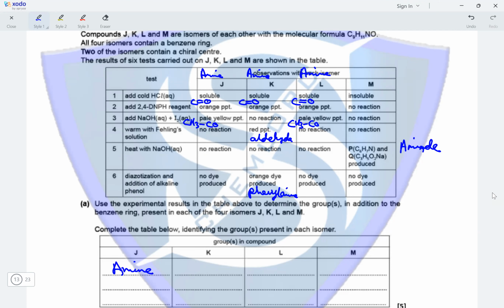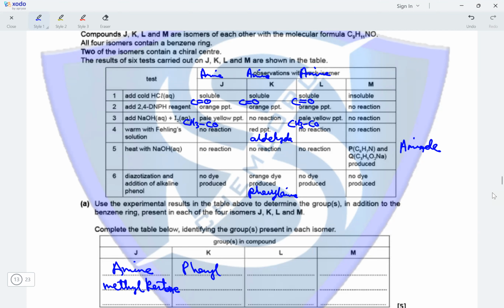So it's not an aldehyde, so it has to be a ketone. And it is next to a CH3 group, so this has to be a methyl ketone. So the two groups in J have been figured out. Next we have K. K also contains an amine, and according to reaction 6, it is phenylamine.